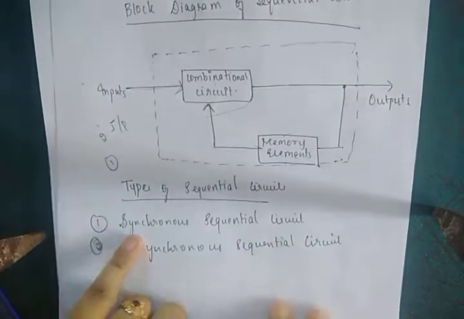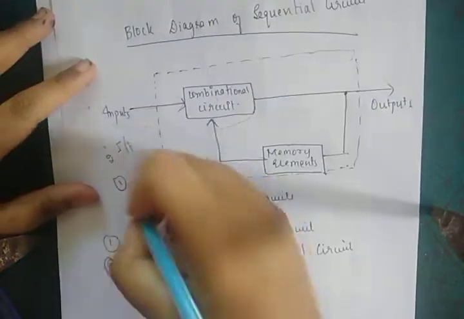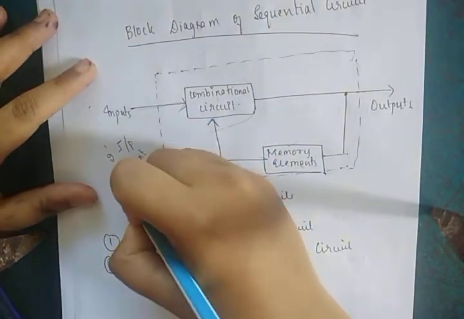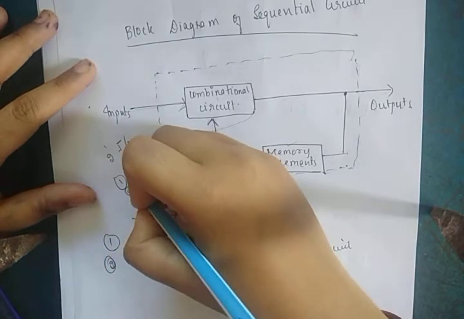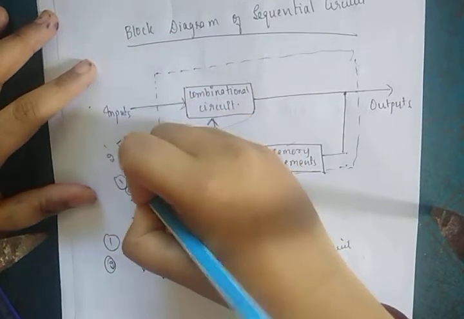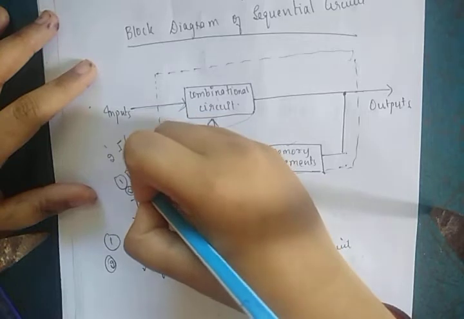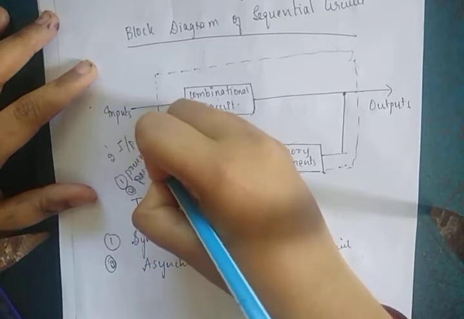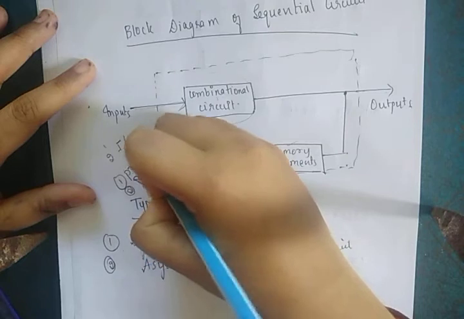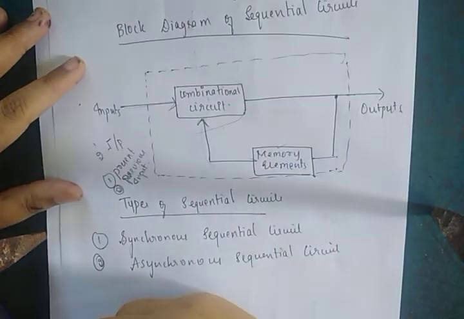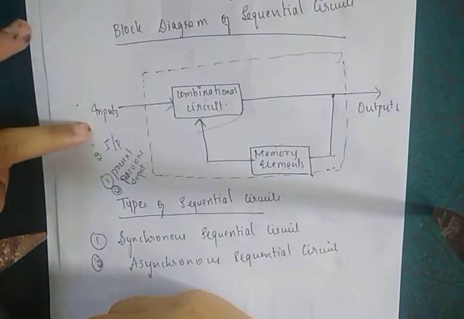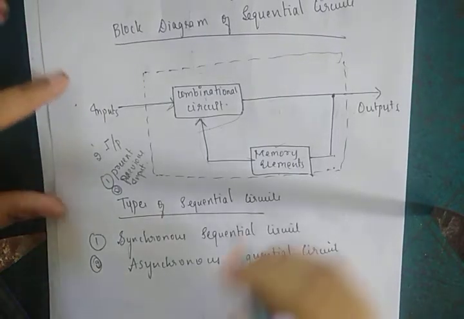One is the present input, second is the previous input. What is the meaning of present input and previous input?